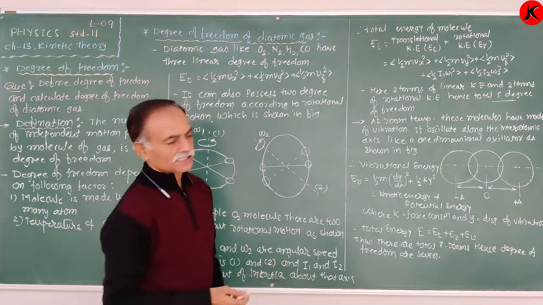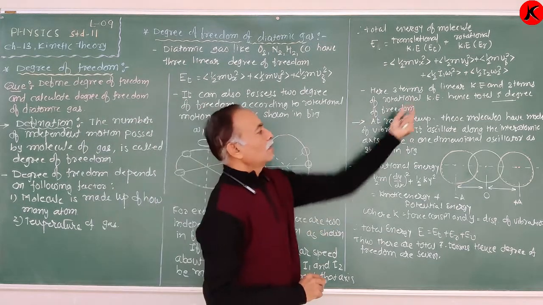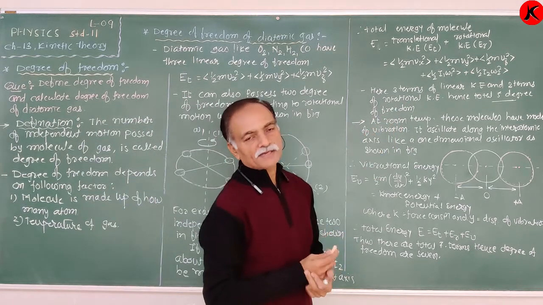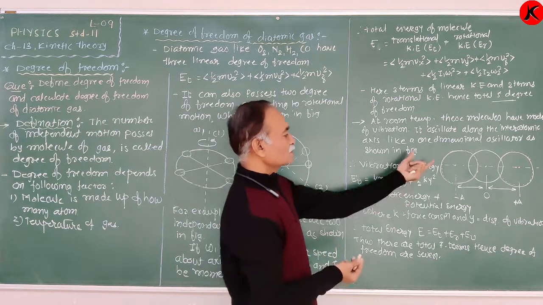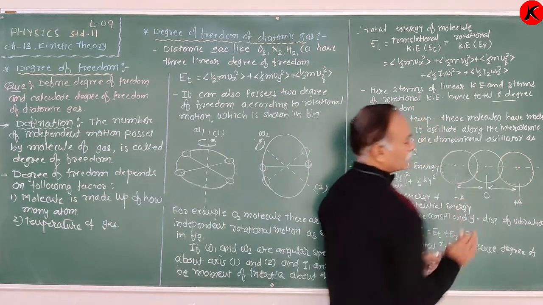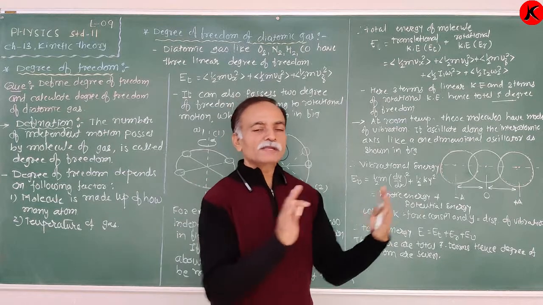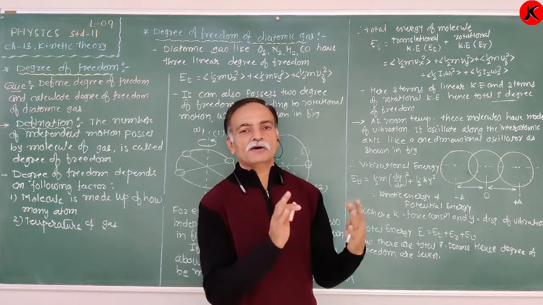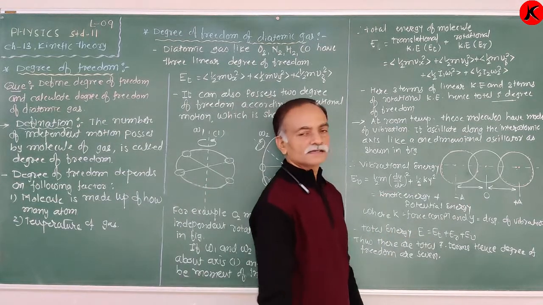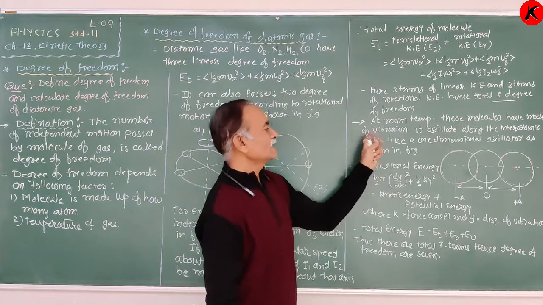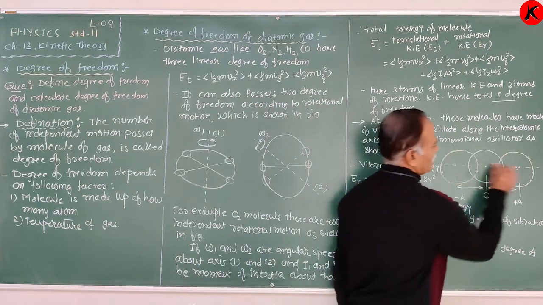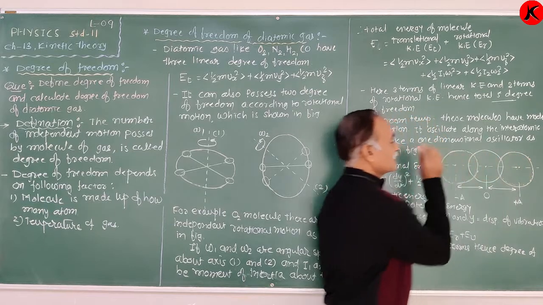Now at room temperature, this molecule has a mode of vibration. Here these 2 atoms, 1 and 2, at room temperature oscillate or vibrate about their mean position along the intermolecular axis. One atom is this, the second is this.